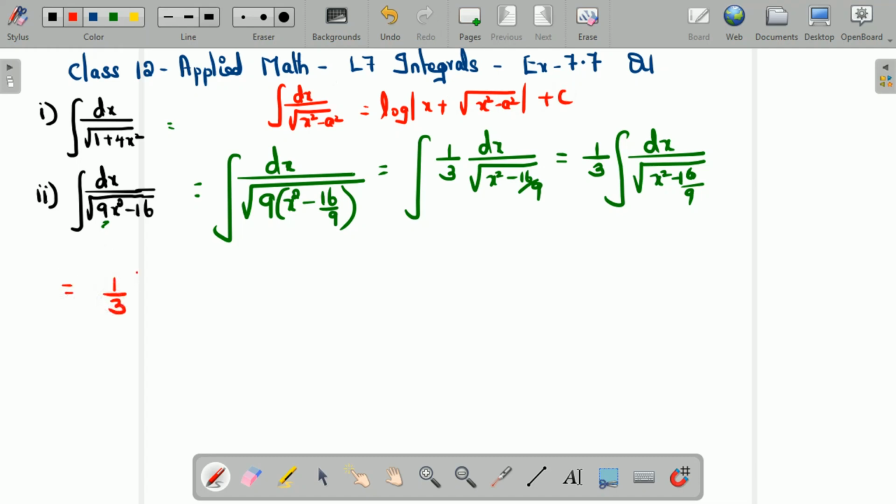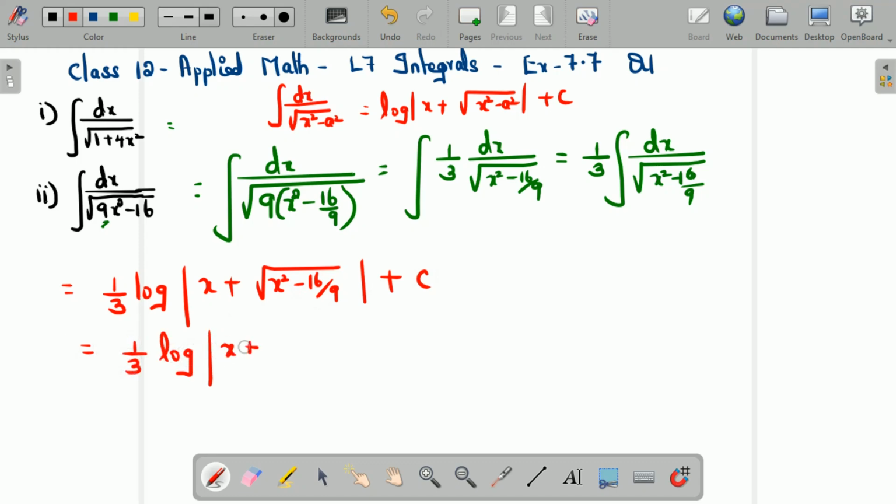So 1 by 3 log of, this is x plus square root of x square minus 16 by 9 plus c. Now we are going to take the LCM. So this will become 1 by 3 log of x plus, this is root of 9 x square minus 16 divided by root 9. So I'm making it as 3 plus c.